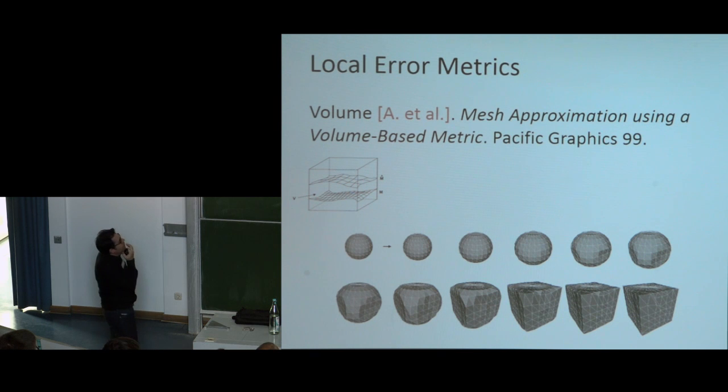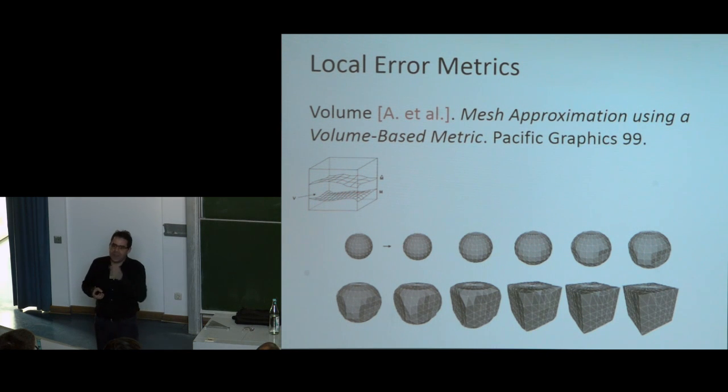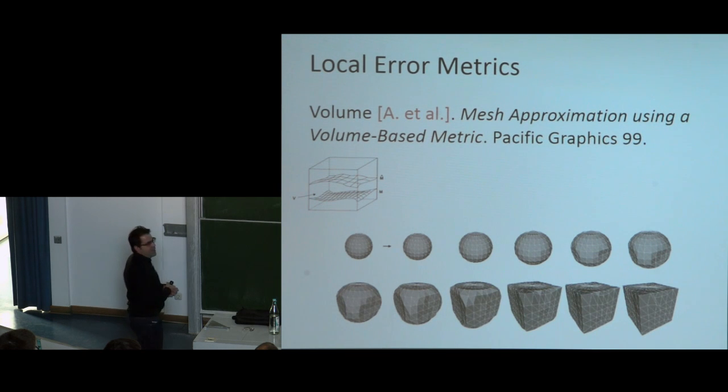Another metric that we defined in '99, a long time ago, was the volume. The volume of what? You could argue that this is not always well defined. Let's assume for the moment I have two closed surfaces, and I am able to define a volume embedded between two watertight surfaces that have a valid embedding, say, each of them self-intersection free and so on.